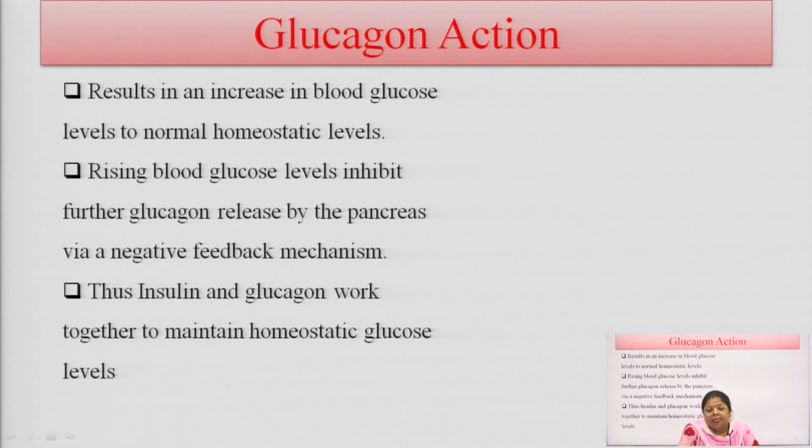When blood glucose has risen after glucagon properly triggers the liver, the pancreas stops the secretion of glucagon and again starts the secretion of insulin from the beta cells of the pancreas, so that they can regulate each other. So, insulin and glucagon work together to maintain the homeostatic blood glucose level.